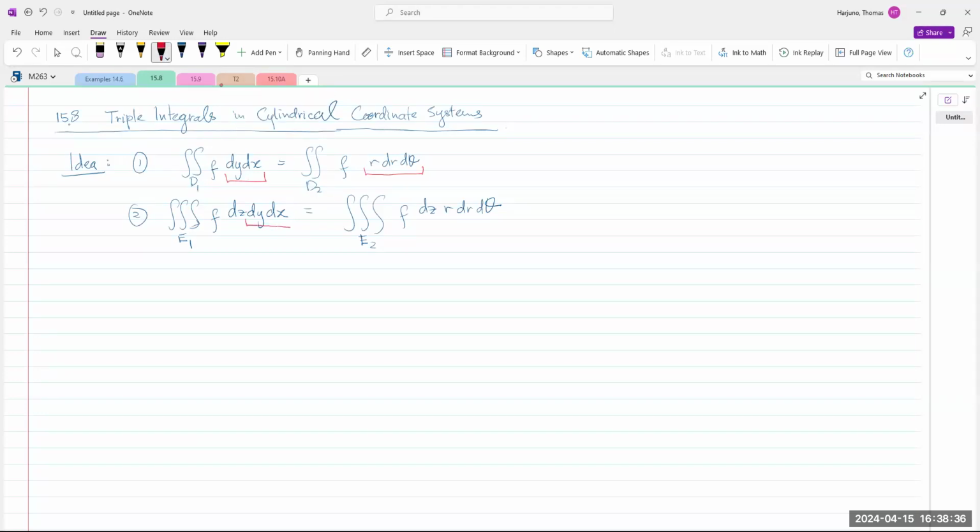The xy coordinate system, the rectangular coordinate system on the xy plane, now becomes a polar coordinate system in r theta. Of course then we can pull that r to the middle. So this is f times r dz dr d theta. And that's basically it about this section.